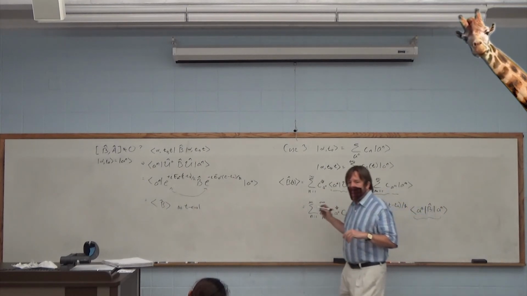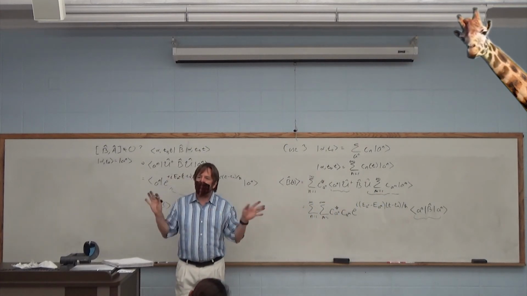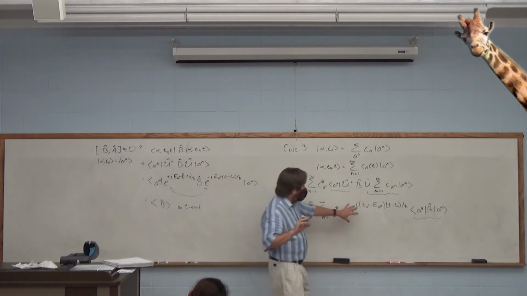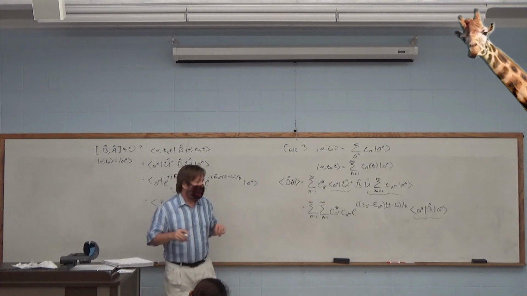If this is diagonal, then anytime m is not equal to n, it gets wiped out. In which case, this also gets wiped out because it's just e to the 0.